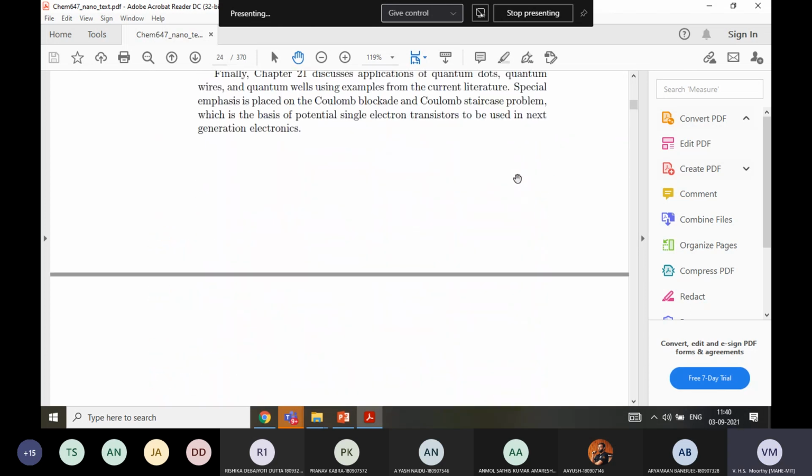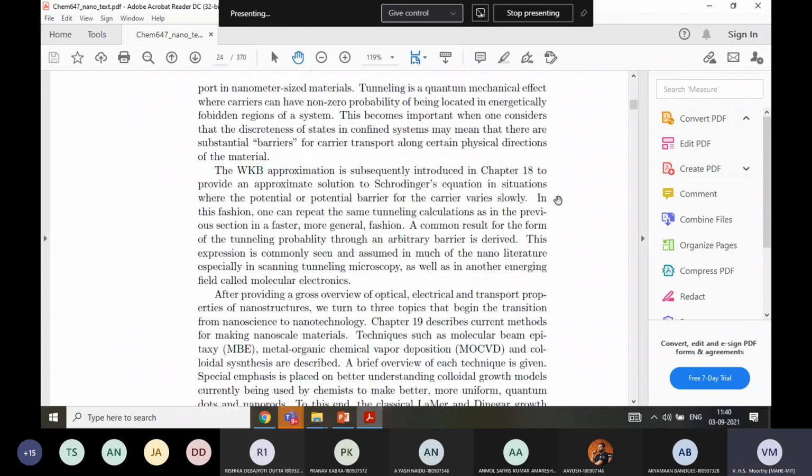Okay, so this is what I wanted to say about why it is nano. What is nano? In the next class we want to discuss what is meant by it. What we discussed are two important things.